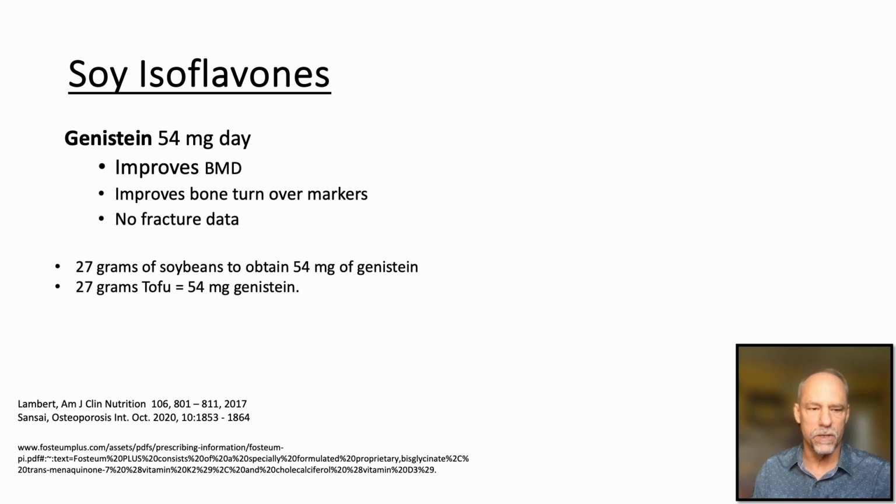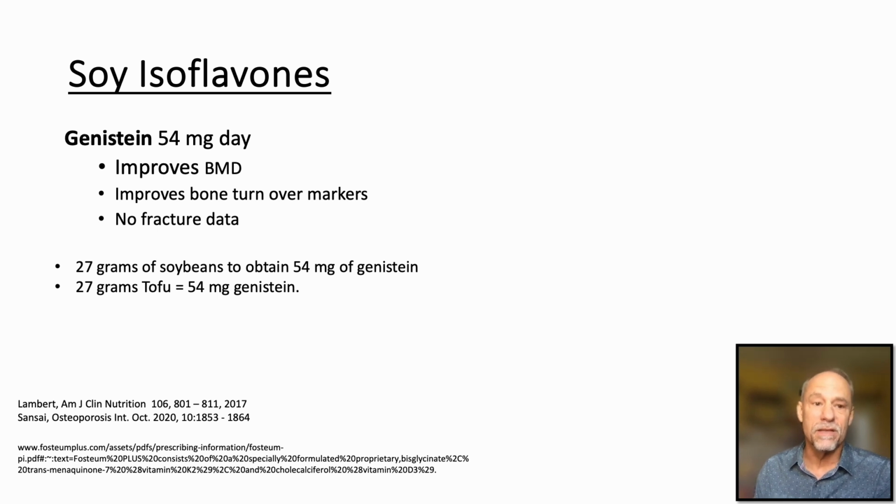Let's look at soy. There's an isoflavone from soy called genistein, and 54 milligrams a day has been shown to improve BMD and improve bone turnover markers, that is, it will reduce CTX. Genistein is a SERM, basically. It binds estrogen receptors, not as strongly as estrogen, but it binds them and can have a benefit for bone health.